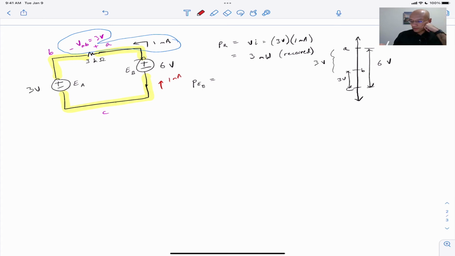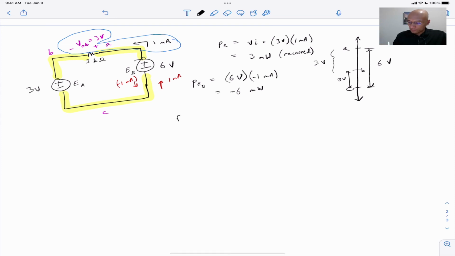So I will change it so that it's negative 1 milliamp. That follows the passive reference convention with the voltage of the battery. So that negative 1 milliamp flows from positive to negative. So we'll write this as VI, again being 6 volts, I being negative 1 milliamp, so negative 6 milliwatts. So battery B is supplying 6 milliwatts of power.